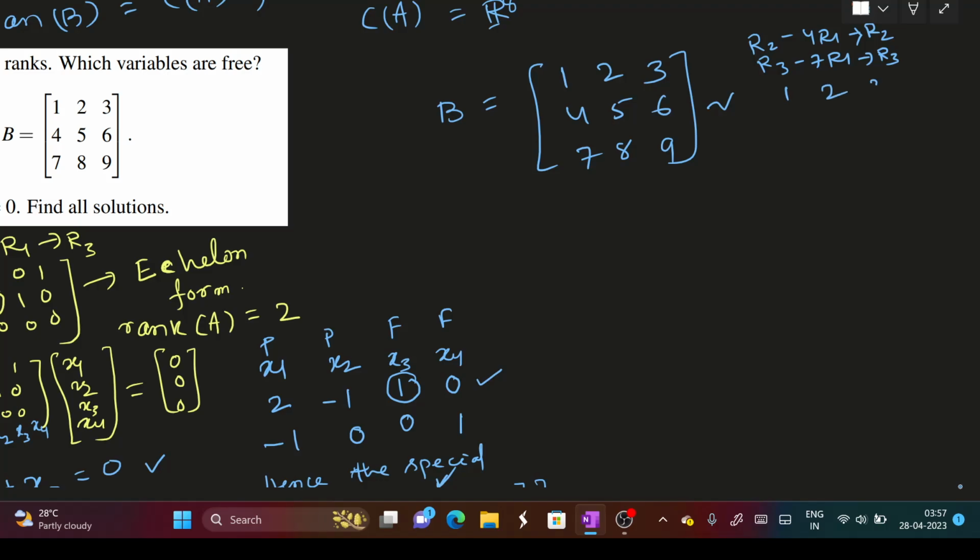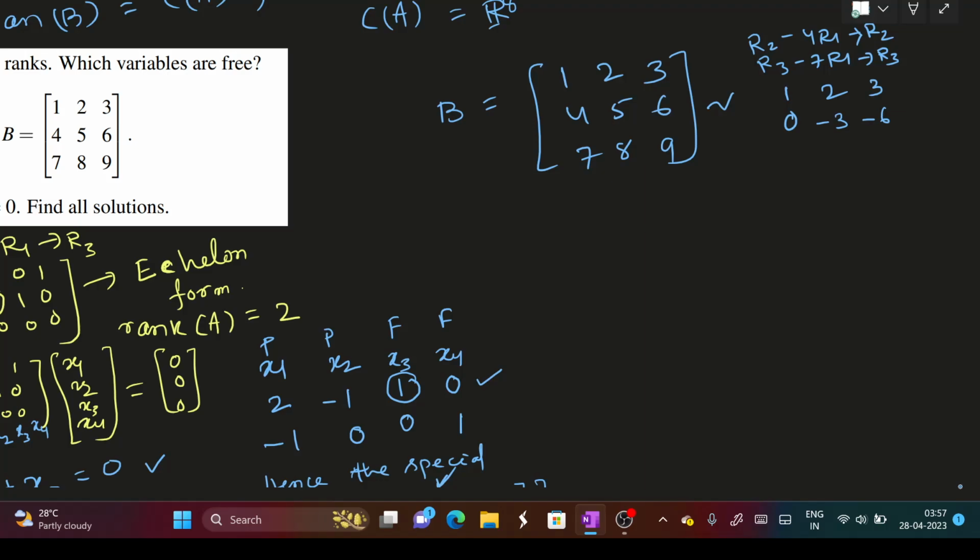First row no change, 1, 2, 3. Here 4 times 1 is subtracted, it is 0. 2 times 4 is subtracted from 5, so it is minus 3. It is 6 minus 12, so it is minus 6.